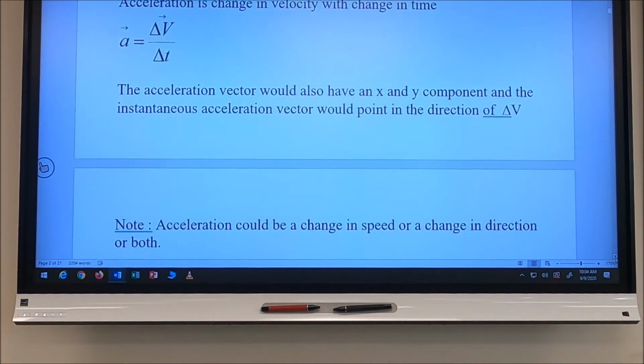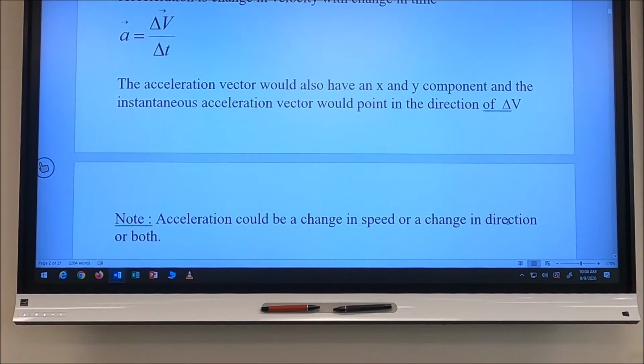The acceleration vector is a change in velocity with time, so acceleration, just like velocity, should have an X and Y component, and the instantaneous acceleration vector should point in the direction of delta V as delta t approaches 0. Now, note, up until this point, we've looked at cases where we have constant acceleration. You can have an acceleration that is changing.